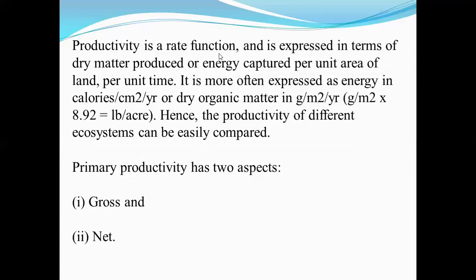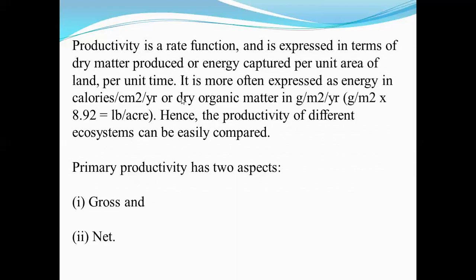It is a rate function and is expressed in terms of dry matter produced or energy captured per unit area of land per unit time. That means if there is a forest in a particular area, the amount of sunlight it is capturing and the amount of carbohydrate it is producing using that solar energy in the unit area per unit time is called productivity.